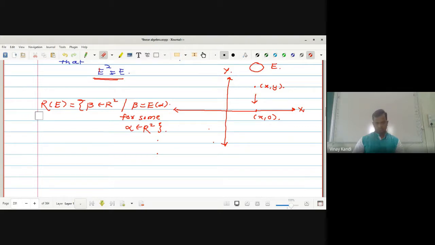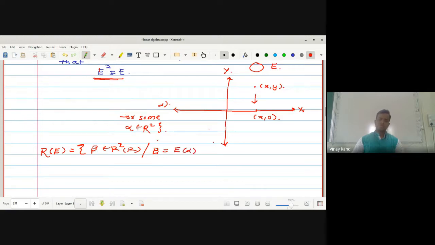What is range of E? Range of E is nothing but collection of those vectors from codomain. What is codomain? R2. Okay, that is beta belongs to R2 over R, such that beta is equal to हा कोणाचा तरी इमेज असायला हवा. That is E of alpha for some alpha belongs to R2. Is it correct?